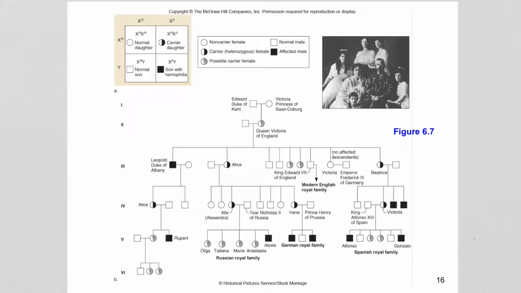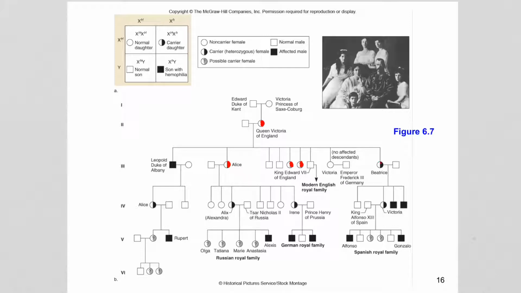But to distinguish that the condition is carried on the X chromosome and not an autosome, it's a couple features that stand out. So one, these conditions are passed on via heterozygous or carrier females.